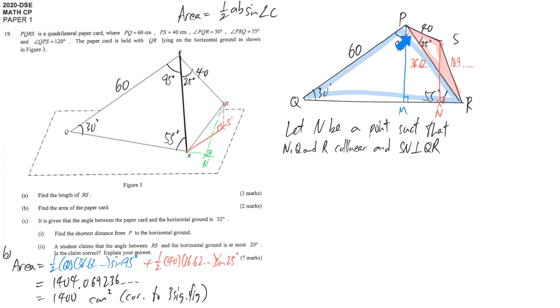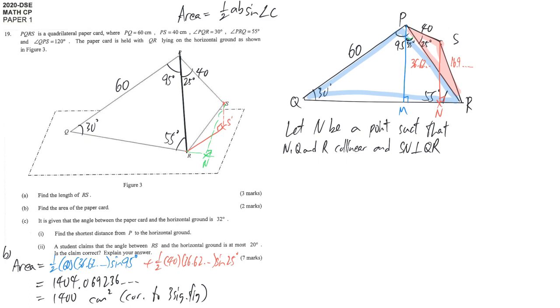Or you may break it down to two right angle triangles here. So SN is the height PM minus the vertical height here, because it's easy to find out this angle. Angle MPR is equal to 35 degrees.